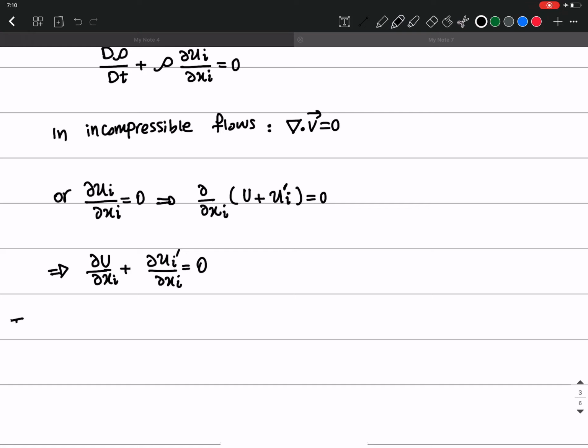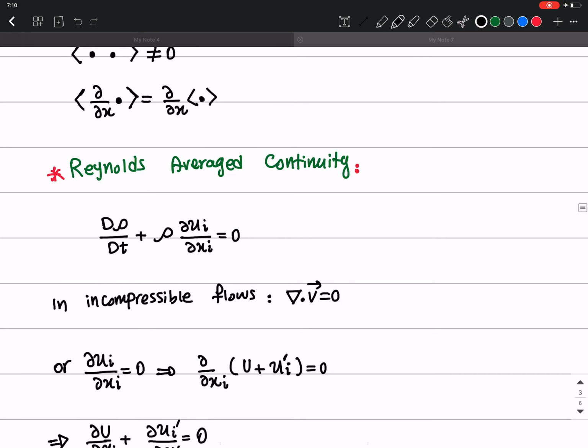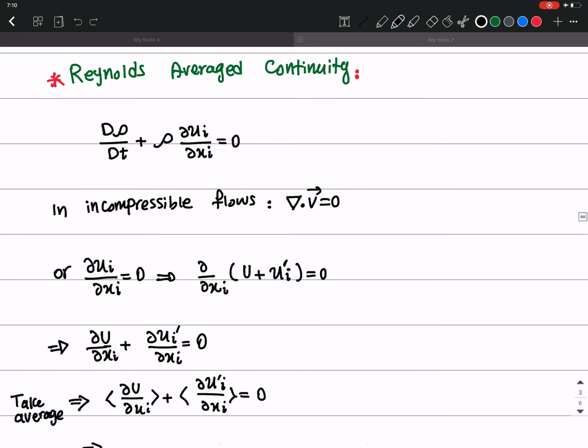Now I take the average of the whole equation. So what we are going to have is the average of partial U over partial xi plus the average of partial u prime i over partial xi equals 0. I can use this rule here and take the average inside the derivative.